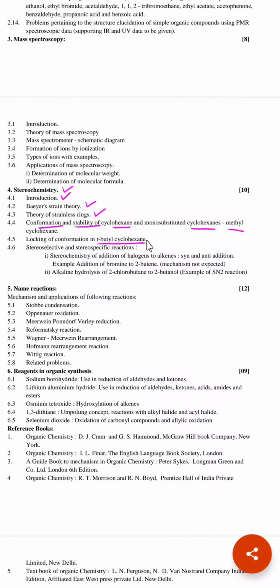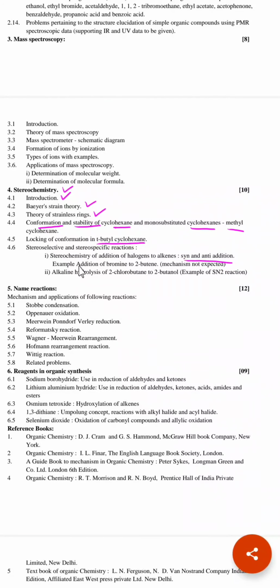And finally, stereoselective and stereospecific reactions. Stereochemistry of addition of halogen to alkene, that is syn and anti-addition.